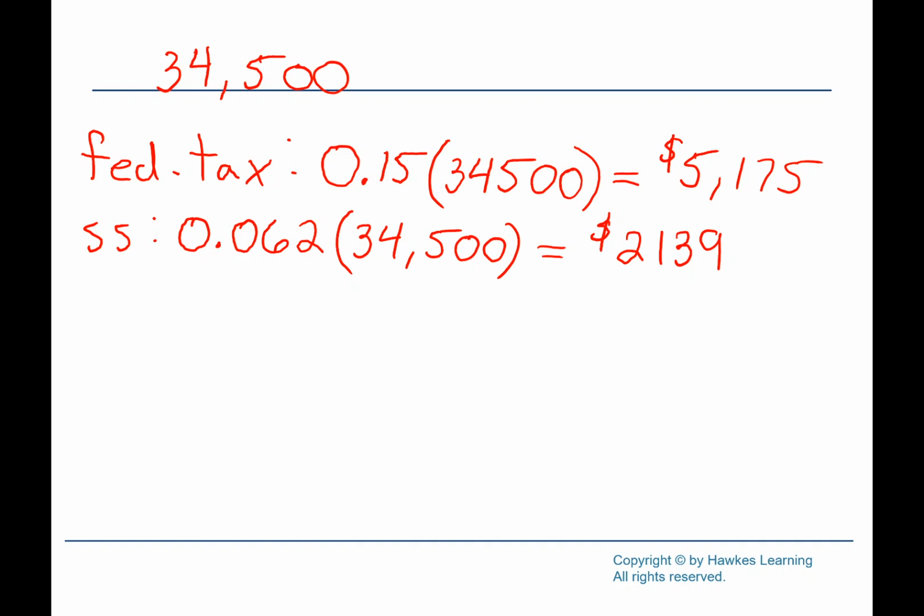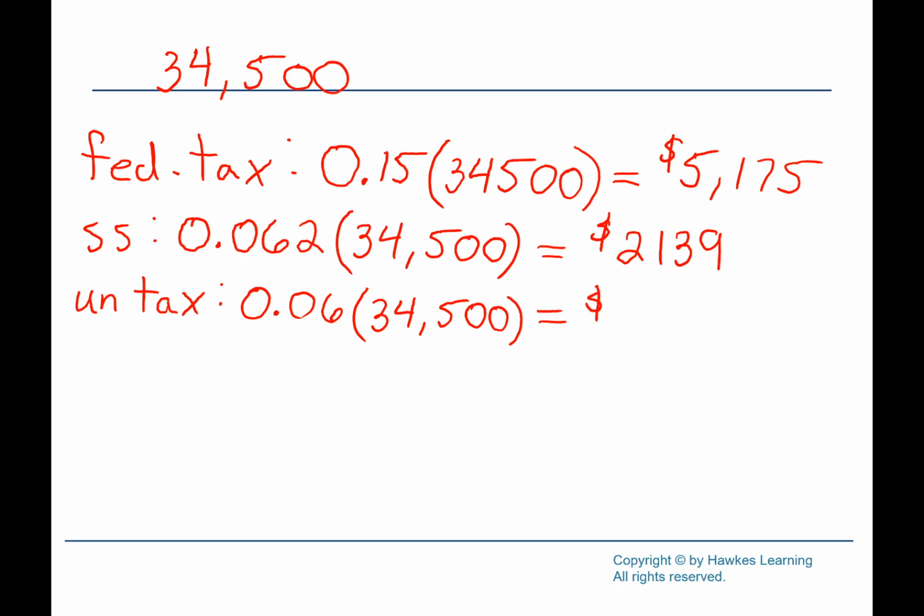And then unemployment tax. I guess we'll call it untax. Well, I can write. And so it was 6%, so it should be a similar amount with 0.06 times 34,500. Let's see. $2,070 there.